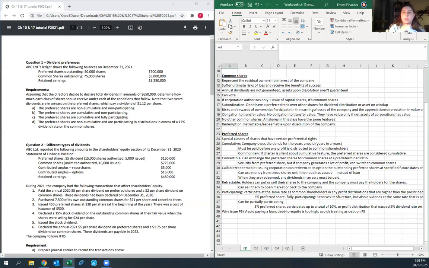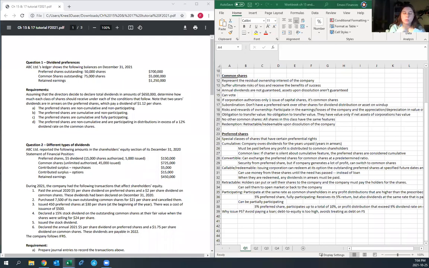Preferred dividends come before common dividends, but common shares are not limited in the amount of dividends they receive. So if there's a big dividend one year, the preferred shares are limited to a specific amount, and common shares can get all the rest.